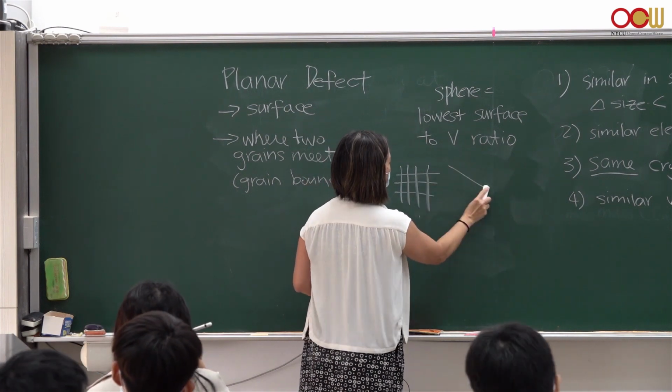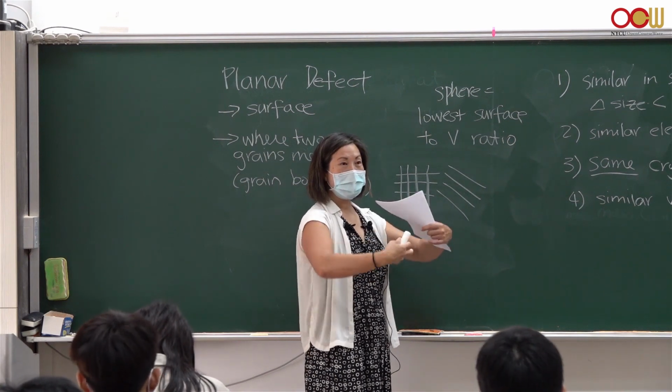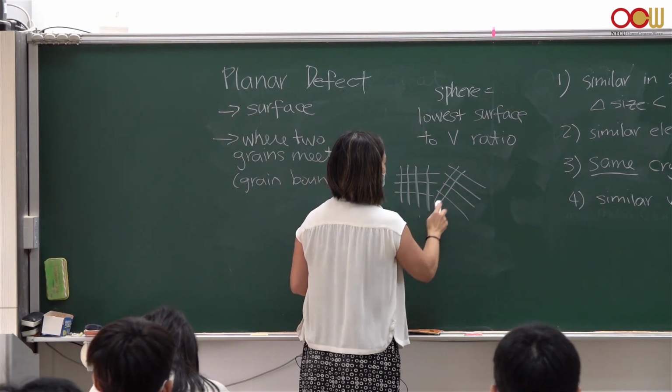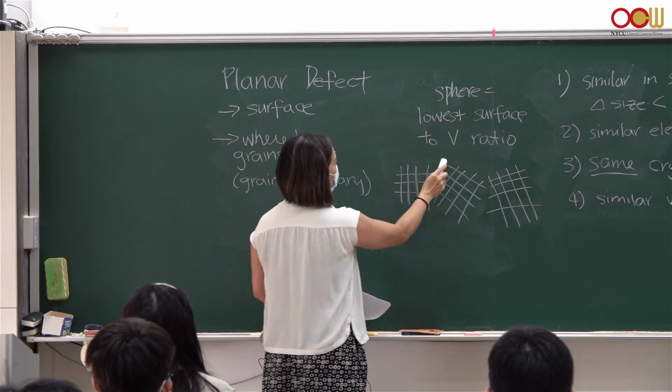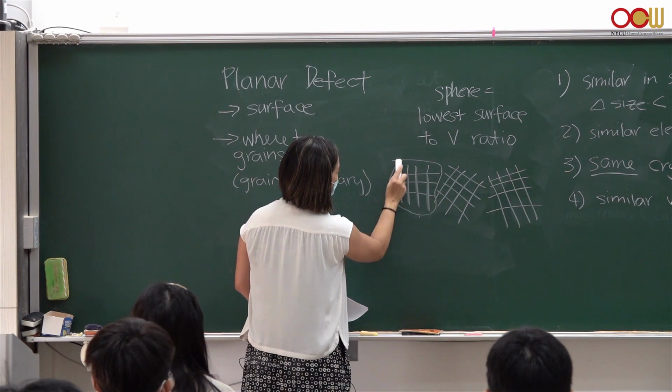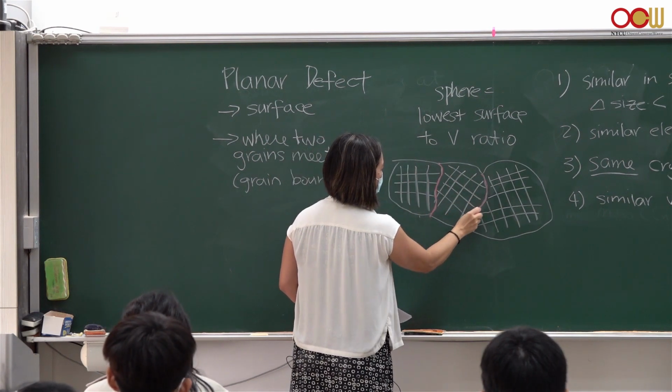We have grains with the same crystal structure, but oriented at slightly different angles, something like this. Where these grains meet, this would be the grain boundary.